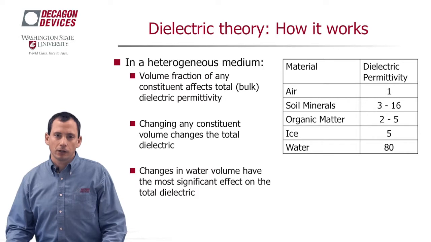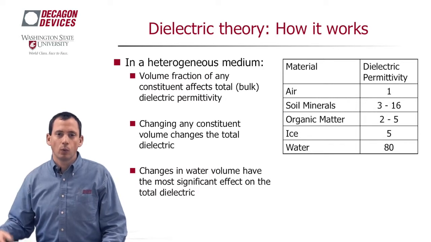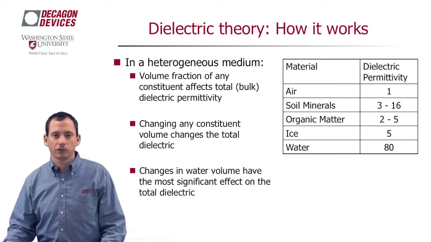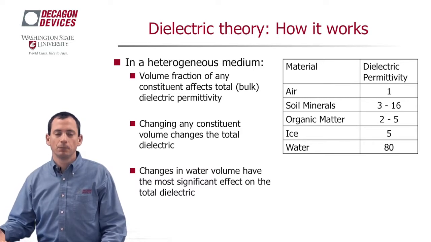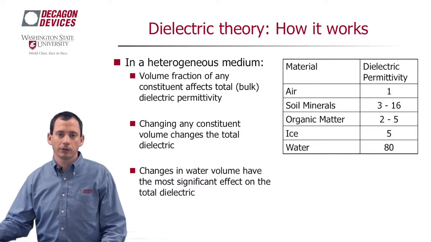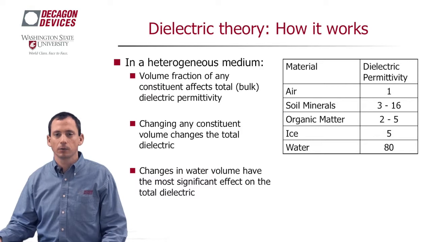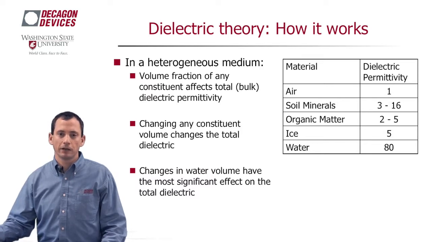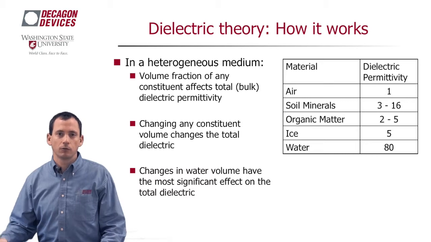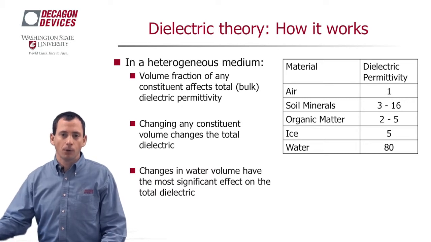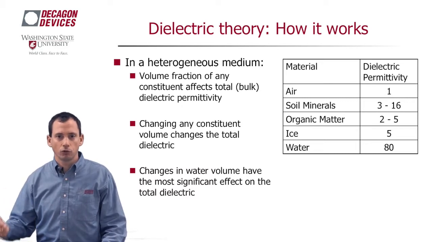So if you think about what happens during wetting and drying events in the soil, what really happens when you get precipitation or irrigation is that water enters the soil and displaces air. So you have a bunch of material that's coming in that has a really high dielectric permittivity of 80, and that's displacing a bunch of material, air, that only has a dielectric permittivity of 1. So this causes the bulk permittivity of that mixture to shoot way up.